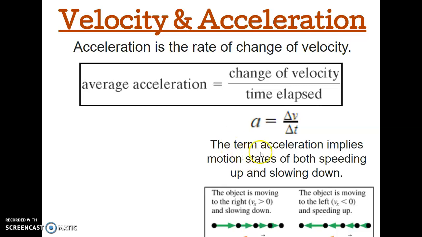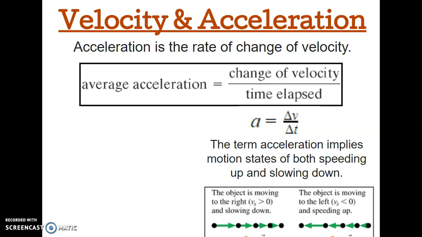So acceleration could be both speeding up and slowing down. What matters is that the velocity is changing. So if I'm just traveling in my car and my velocity is not changing, that means my speed is not changing, my direction is not changing. I'm always going at 60 miles per hour in the exact same direction.